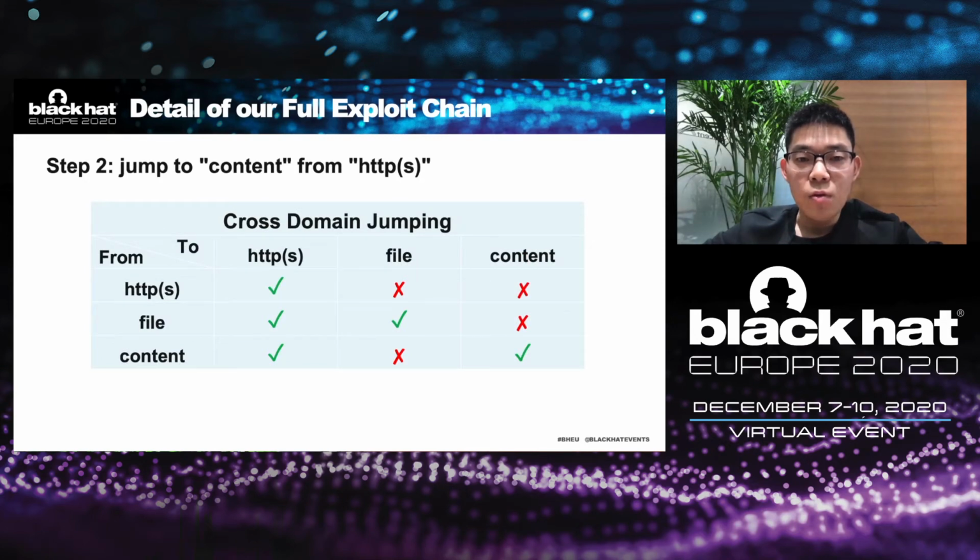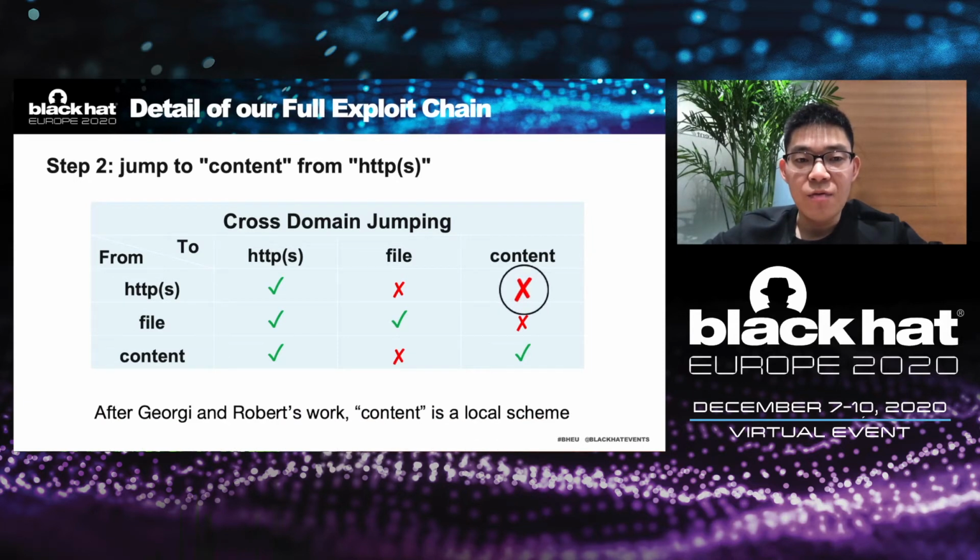In step 2, we try to jump to content from HTTP or HTTPS. And this is the test result of cross-domain jumping between HTTP, file, and content. After Jody and Robert's work, content has become a local scheme, the same as file. So we cannot jump to content from HTTP directly anymore.